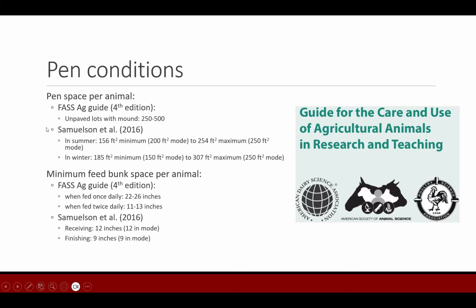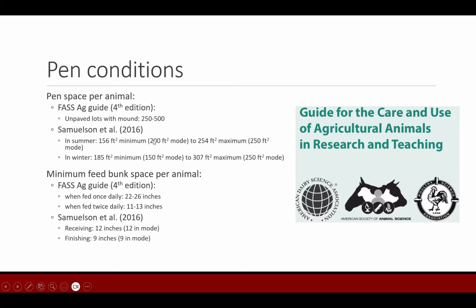Okay. All right. So, the FASS Ag Guide says for unpaved lots with mounds, we'll want 250 to 500 feet squared per animal. Okay. Samuelson and others in 2016, based off their survey data, said that in the summer, on average, most people will recommend a minimum of 156 feet squared per head.